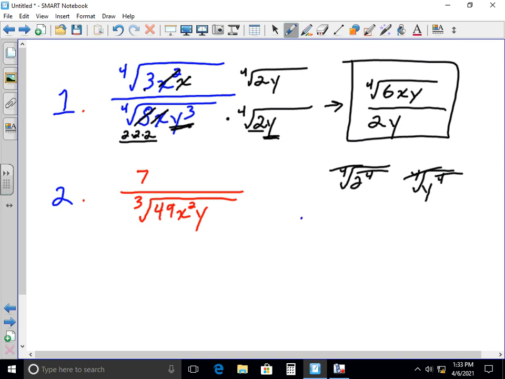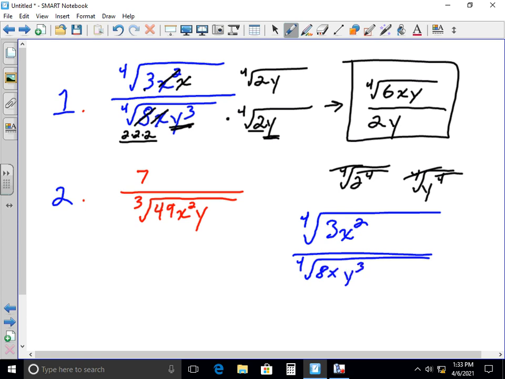So if we do it the other way, we started out with this on top, this on bottom. So 8 is 3 2's. So if we don't reduce to begin with, then we would need another 2, wouldn't we?